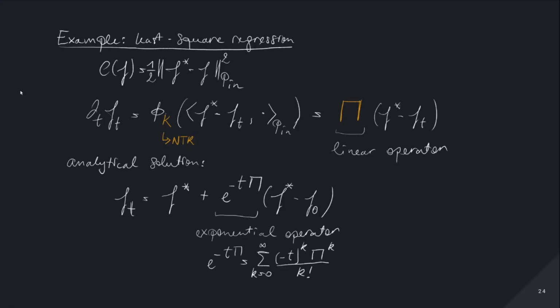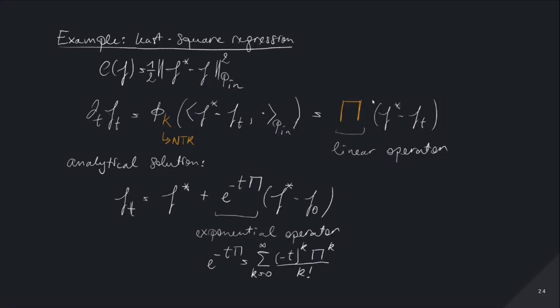So this is a linear differential equation in function space, and those we know how to solve. And so we have an analytical solution: f of t is f star plus the exponential operator, which we can think of as the map that takes my f0 and maps it to its state after time t, applied to f star minus f0.